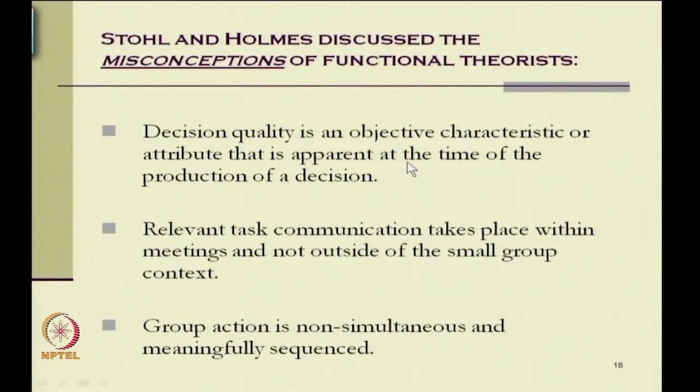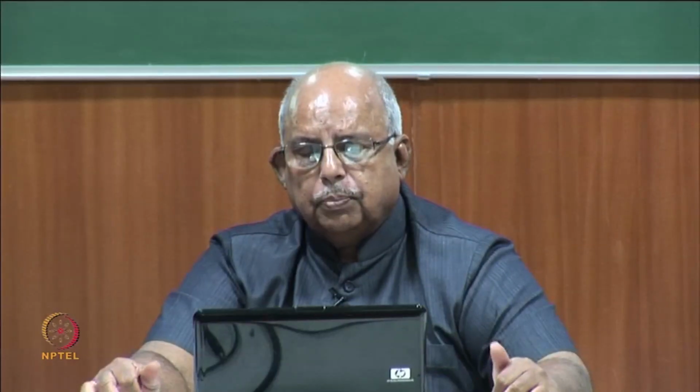Stoll and Holmes discussed the misconceptions of the functional theorists. Basically, they had two objections. Decision quality is an objective characteristic or attribute that is apparent at the time of the production of a decision. Therefore, the functional theorists, to them, were making assumptions which were simply not valid.